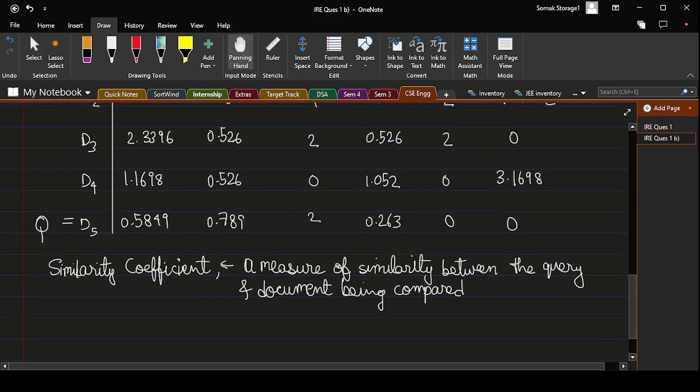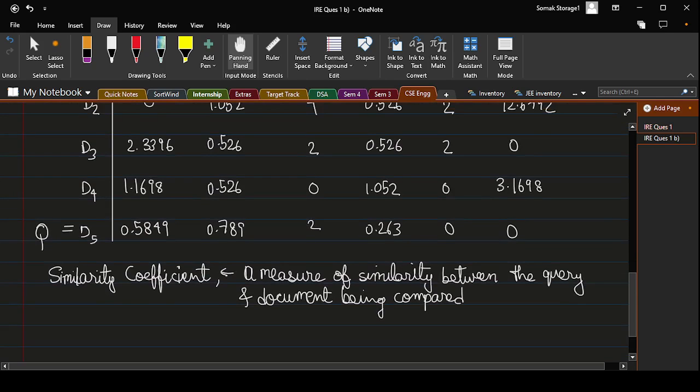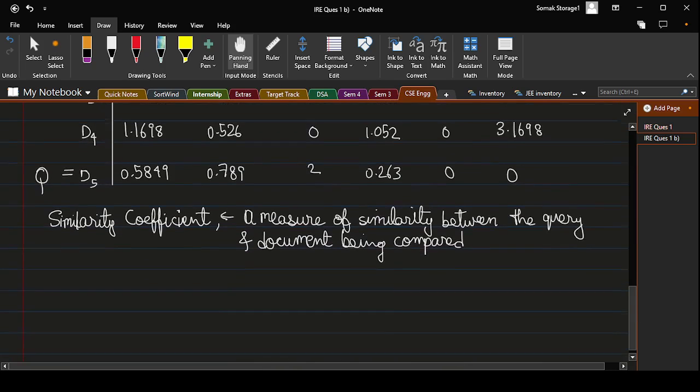So if we just look into the problem, our query is D5 and the rest of the documents we need to rank according to this similarity coefficient.